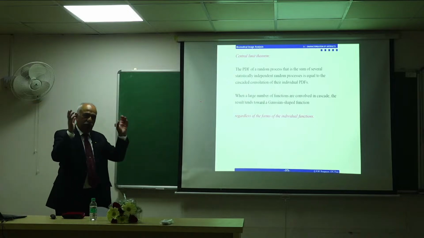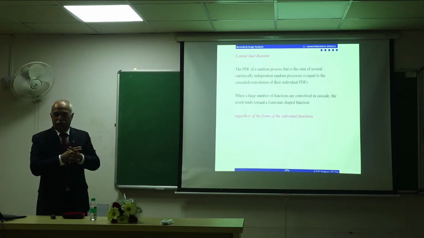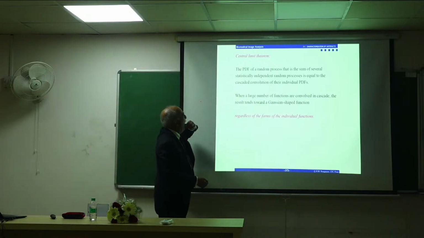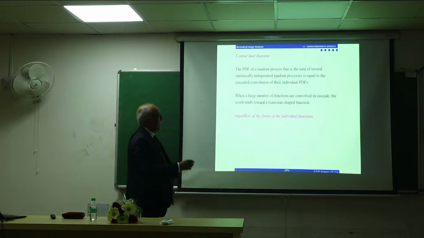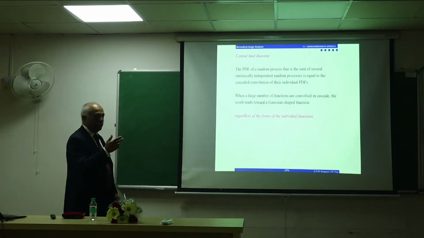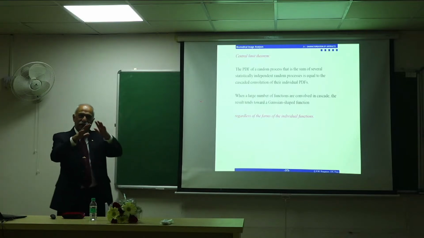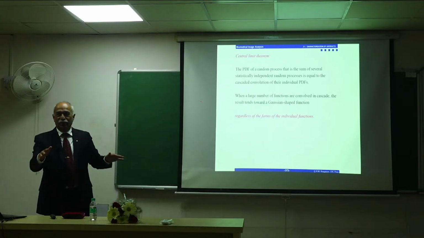This is from the book by Papoulis, Random Variables and Stochastic Processes. When a large number of functions are cascaded and convolved, then all these convolutions will lead to something that is smooth like a Gaussian.